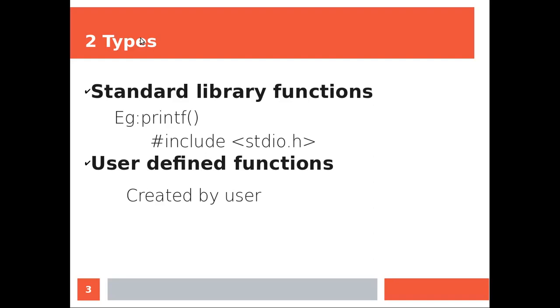It is defined in the stdio header file. So if you are using printf or scanf in your program, you need to include the stdio header file. Similarly, sqrt is used to find the square root of a number. Many such standard library functions exist.